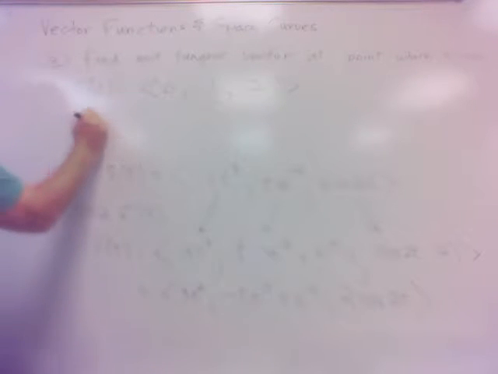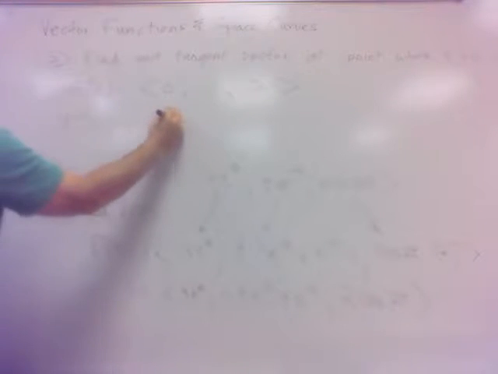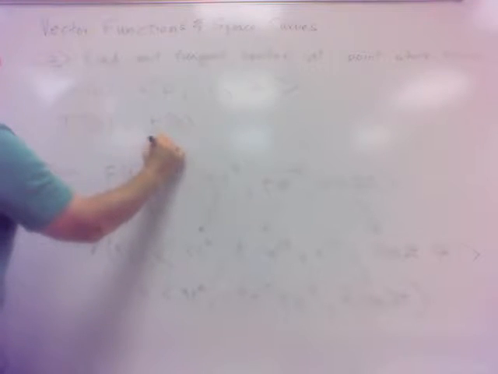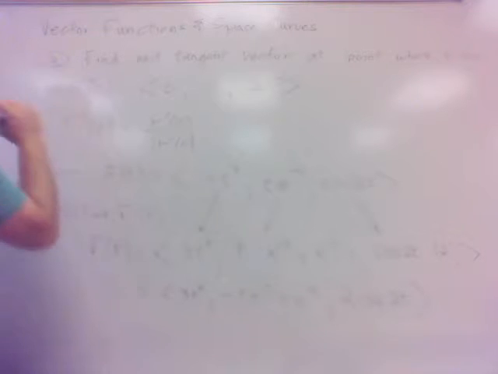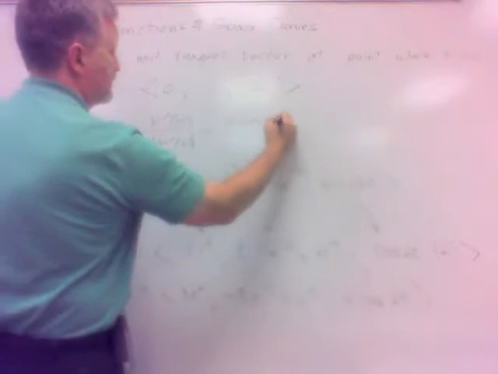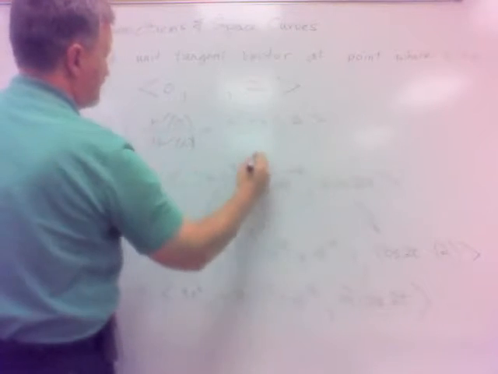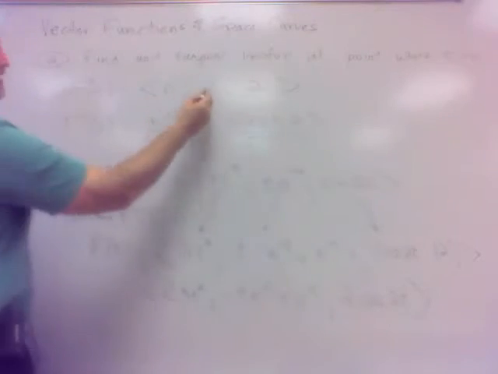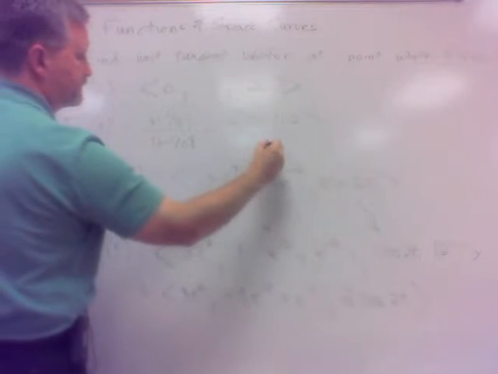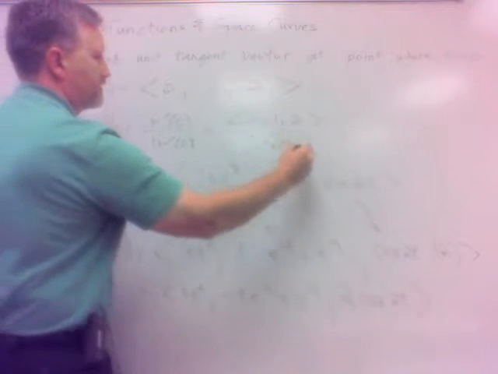And so then the tangent vector at 0, we take the r prime at 0 and divide by the length. So we take that 0, 1, 2, and then divide that by the length there, which would be the square root of 0 squared plus 1 squared plus 2 squared. So that's the square root of 5, yeah.